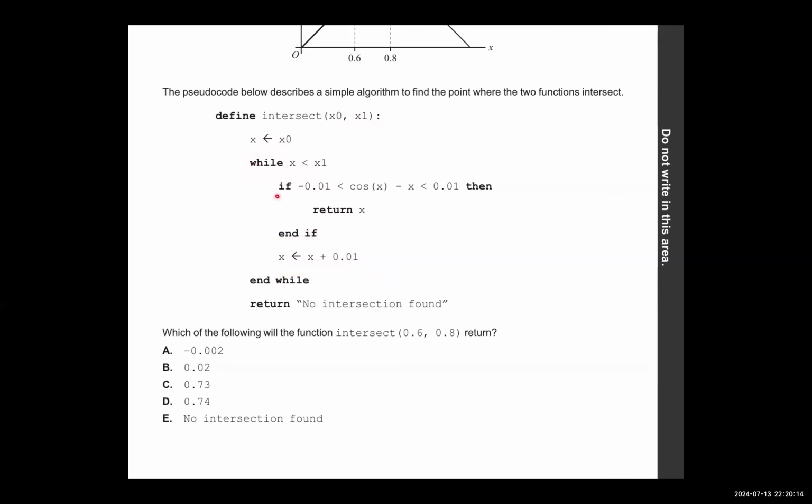And when the if condition is violated, I probably could get something like a no intersection found or whatsoever. During exam time, it's not a very good idea to program it, but let's just try to program this one.